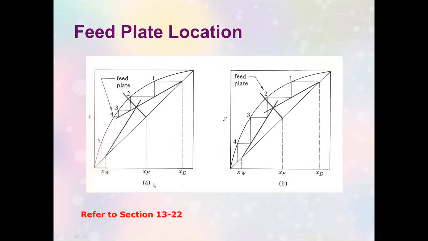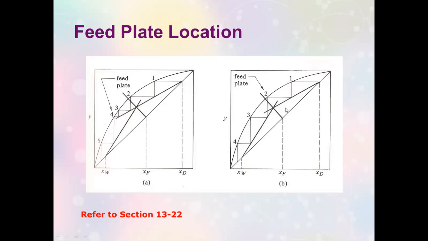The feed plate location, I think this is the last part, is the part wherein there is the change from the enriching section operating line to the stripping section operating line. What do you mean, Miss, with the change? Like if you're going to do a stepwise stair-like line in here, starting with the XD down to the XW, where there is a change in the location of these stairs or steps from one section, in this case the enriching section, to the stripping section, that is where the feed is.